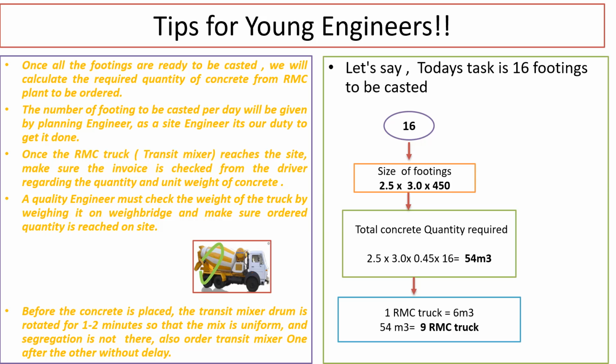It will come, do the work of casting the footing, then leave the site. All this process is going to take 10 minutes. Once the single truck has done its work, the next truck should be ready in line so that the work that you have planned for 3 hours gets finished in 3 hours.